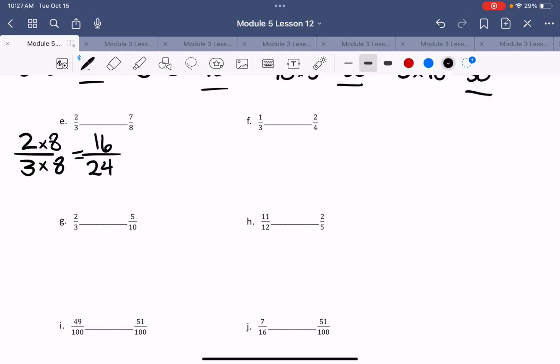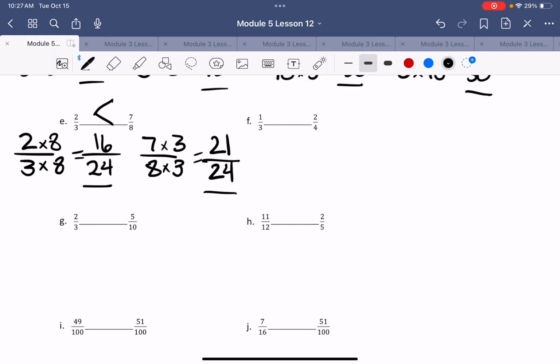We do the same thing with our next fraction. 7/8 times by the opposite denominator, which is 3. And we get 21/24. Is 16/24 or 21/24 greater? 21/24, so we know 7/8 would be greater.